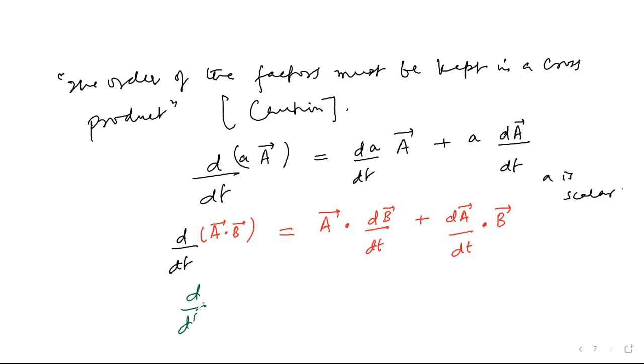But here you have to be cautious when you do d by dt of A cross B. What you do?